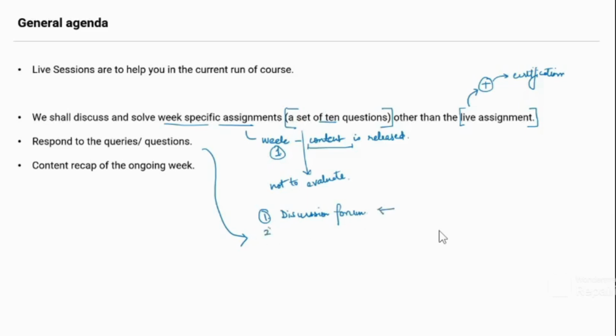The second aspect is asking a question in the JMeet session. You can type in your question, and we'll try to address it in that same session, or maybe take it up in the subsequent session. But the most preferred way of asking questions is the discussion forum.